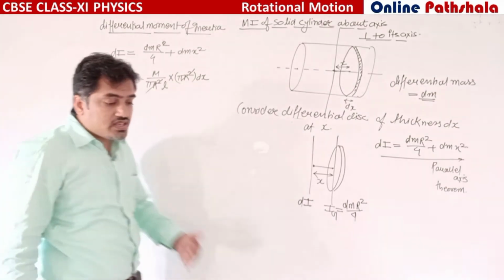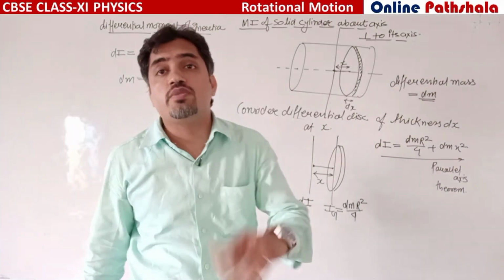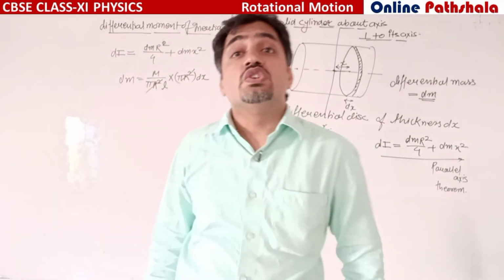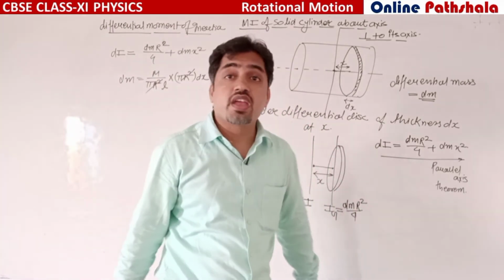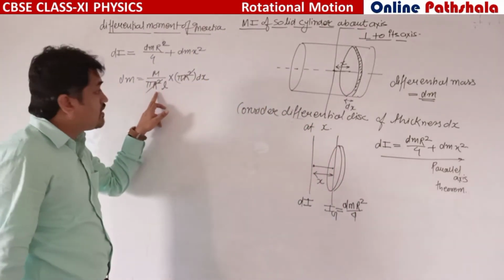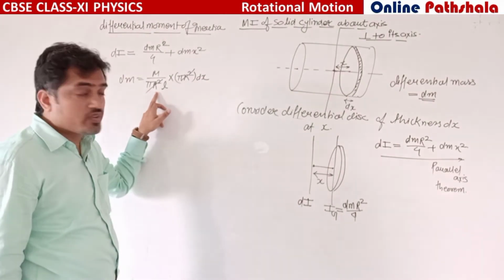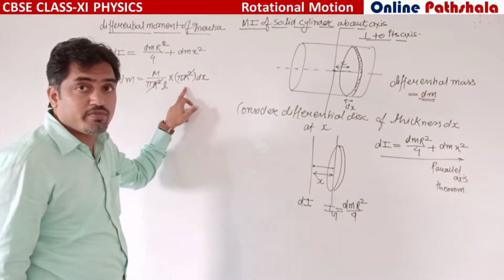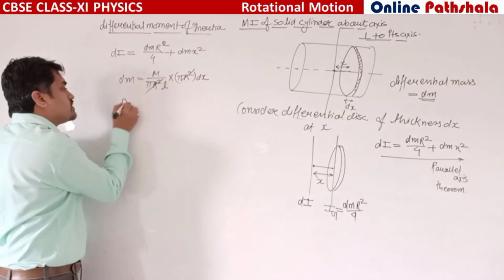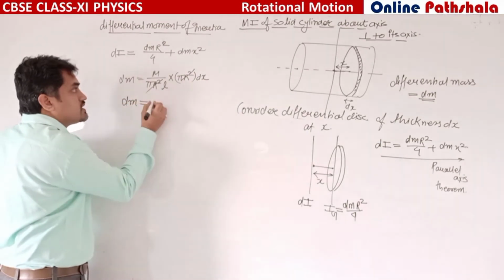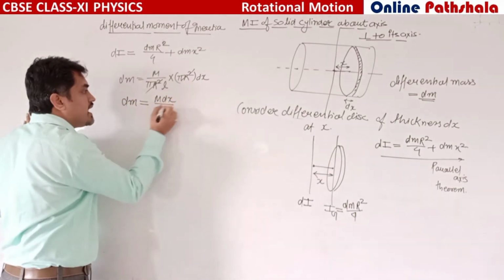Because mass is distributed over the volume in the case of a solid cylinder, we find the volume density and multiply by the differential volume. So dm, the differential mass, is equal to M into dx by L.